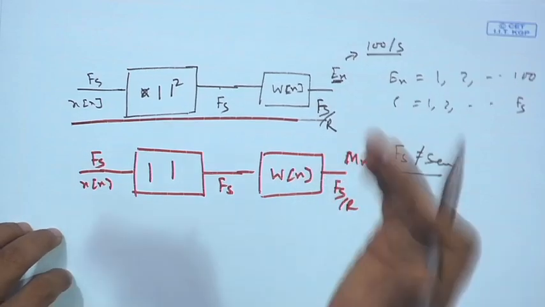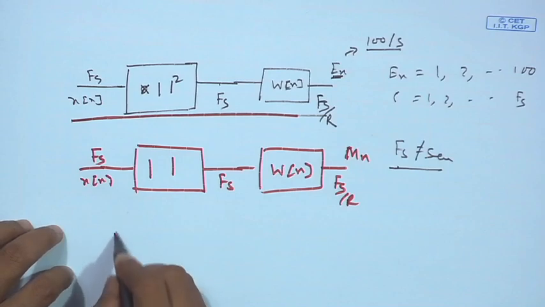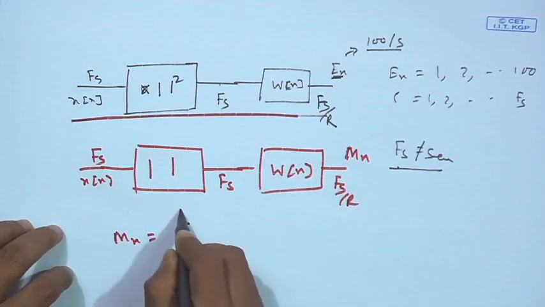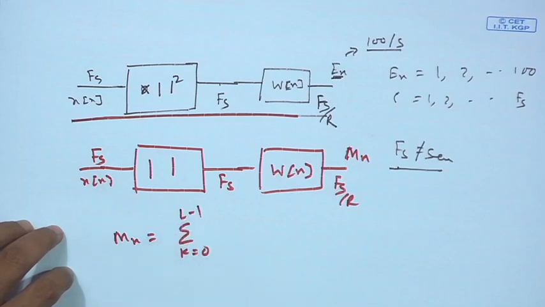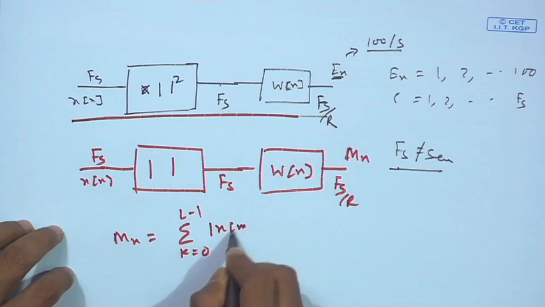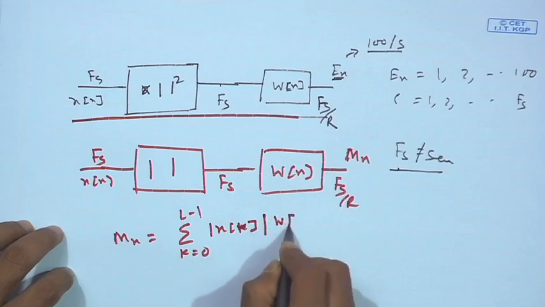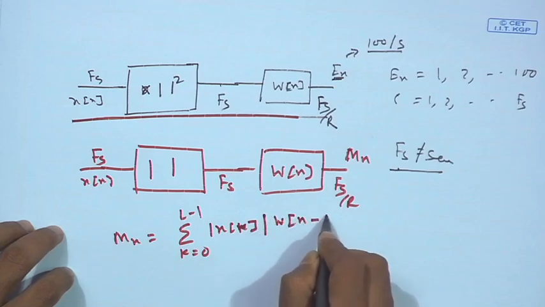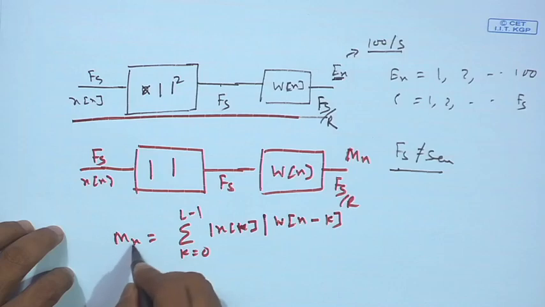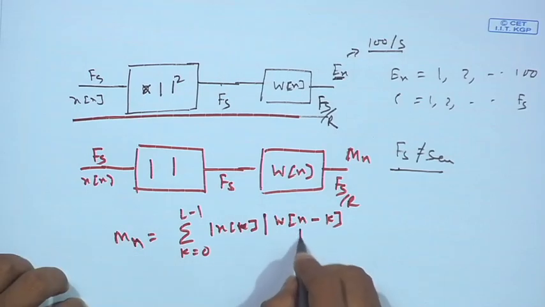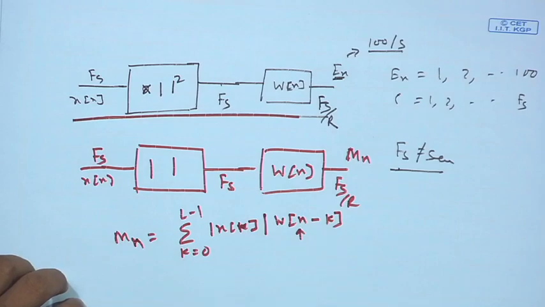So, instead of squaring the signal, M n is the sum over k equal to 0 to L minus 1, within the window length, of the magnitude of x of k into W of n minus k, where n is the starting of the window.